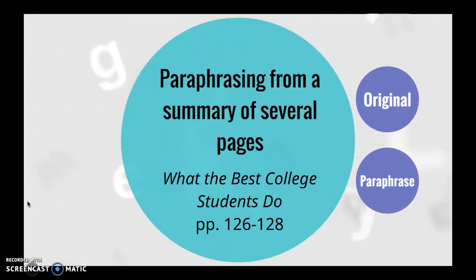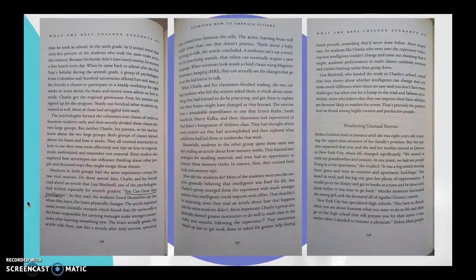And finally, we're going to look at paraphrasing from a summary of several pages. So this comes from pages 126 to 128 in the Bain book. And these are the somewhat blurry pages that I'm going to draw from. So if you remember, this is a research study.